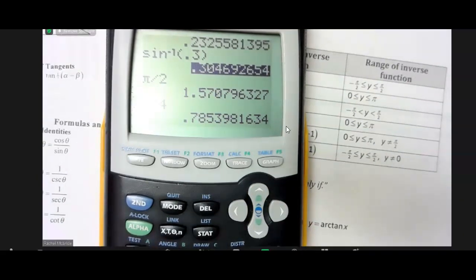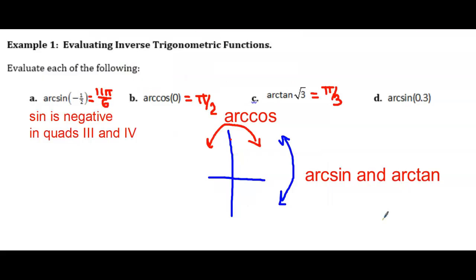So again, your answer is 0.3046. And if you wanted, you could go up to 9, but again, you need 3 decimals, so the 6 is a safe decimal.